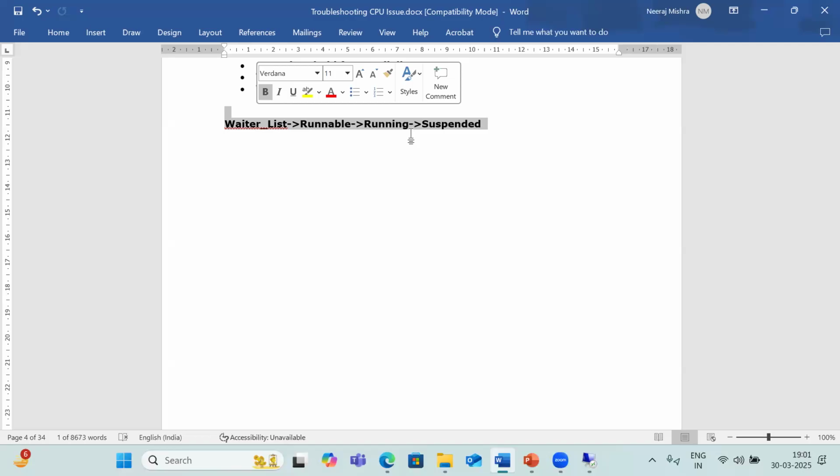So to have SQL Server its own scheduling mechanism in terms of cooperative scheduling, SQL OS was introduced in SQL Server 2005, especially to have its own scheduler with cooperative scheduling algorithm. Is it clear?